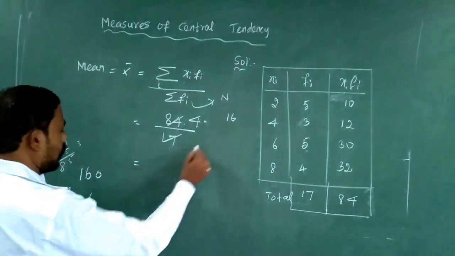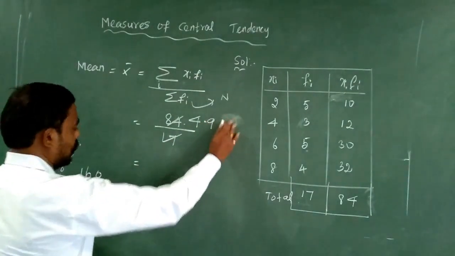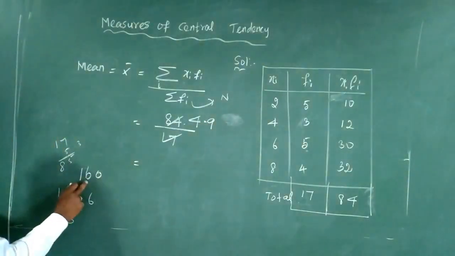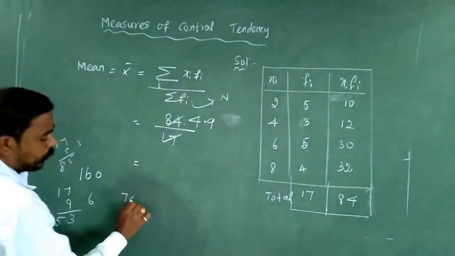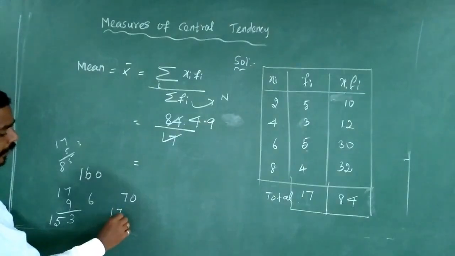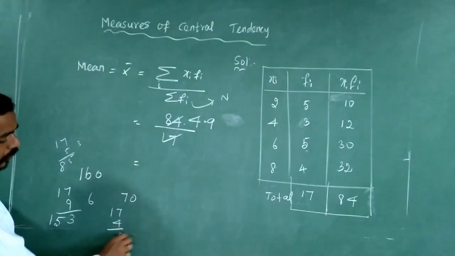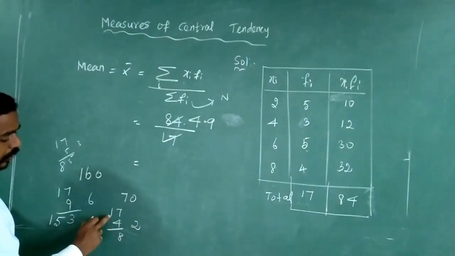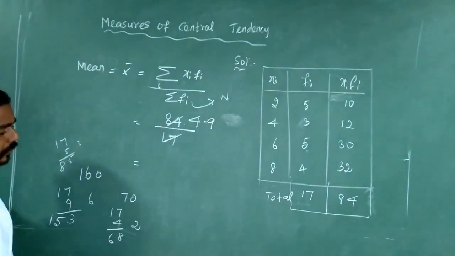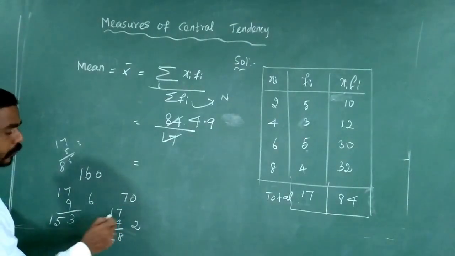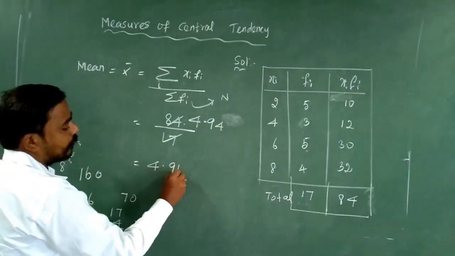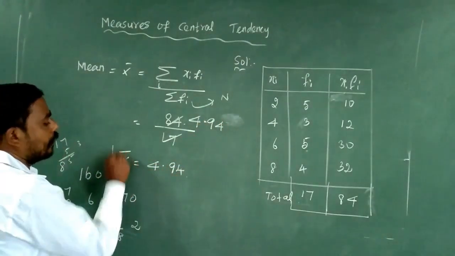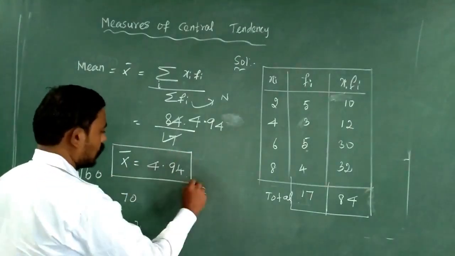So 9, 153, here 160, so remaining 7. So 7, put 0. 17 into 4 is 68, and 68 is less than 70. So you have 4. So 4.94. This is the value of this.